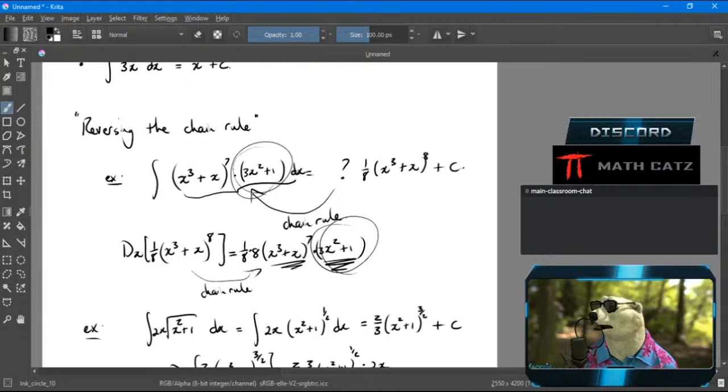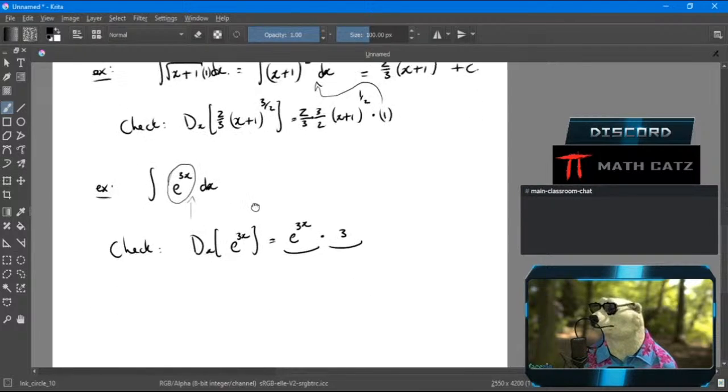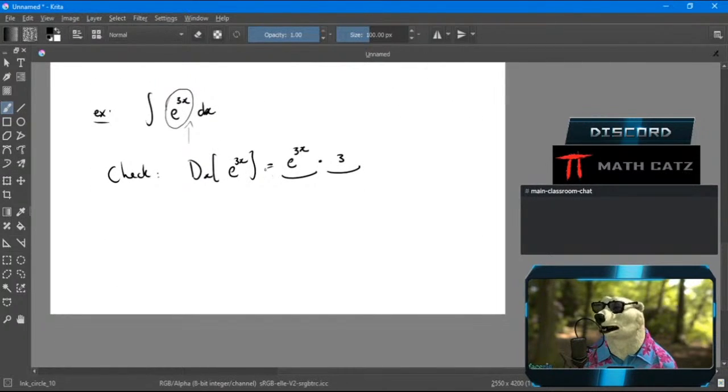But in simpler cases, the second part of the chain rule is just a number. And I don't see it there.